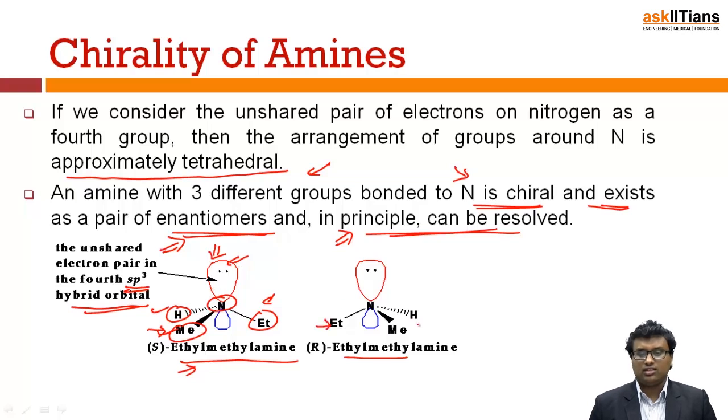So this is S-ethyl methylamine, and this is R-ethyl methylamine. This is the unshared electron pair in the 4th sp3 hybrid orbital.